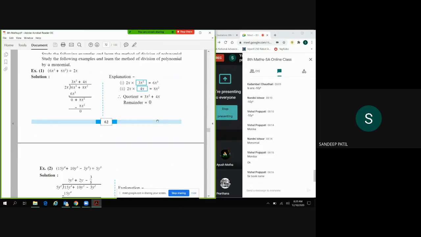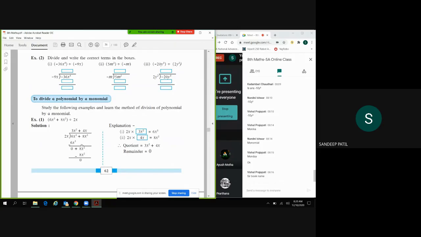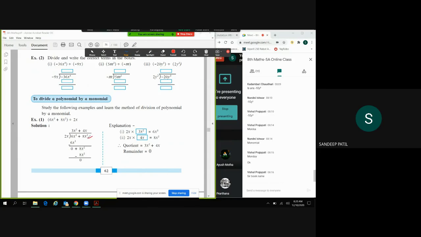Here also we saw that after multiplication, one by one, we get the remainder as 0. And whatever division we did for an algebraic equation, we used to start from this side, right? Generally, but in polynomial, whenever you are working with polynomial, you should start from here.